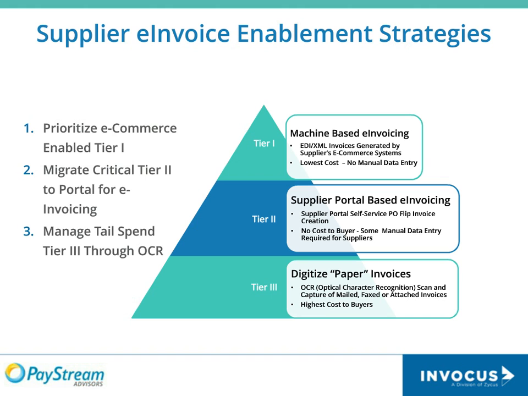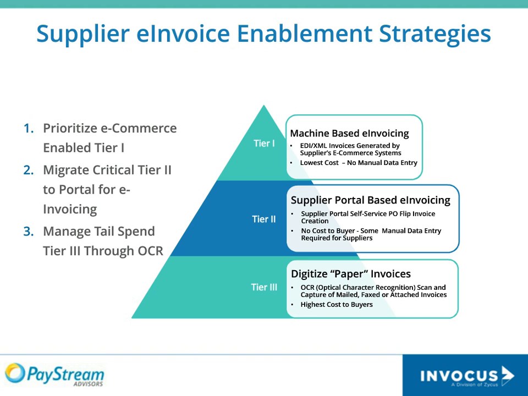So this is going to be the lowest cost and most accurate option available for all parties, because there is no manual data entry on either side of the equation for the supplier or the buying organization.